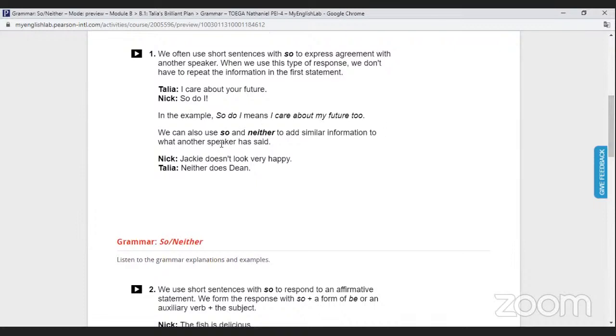We can also use so and neither to add similar information to what another speaker has said. Read examples, please. Okay. Jackie doesn't look very happy. Neither does Dean. Okay, it's like in a negative way, right? With neither.